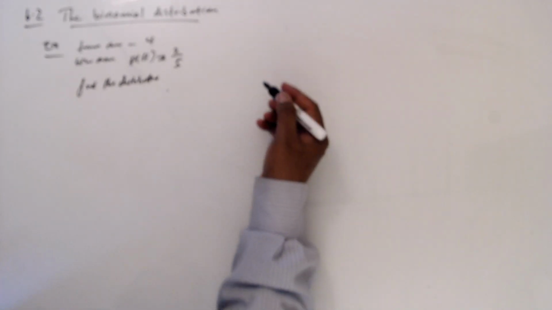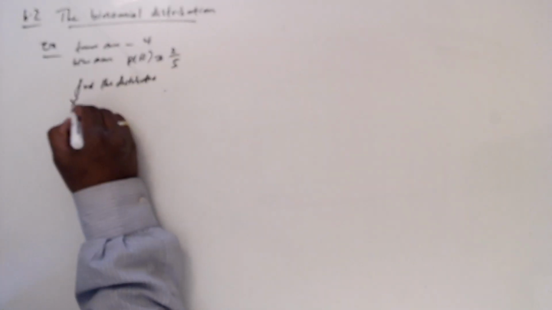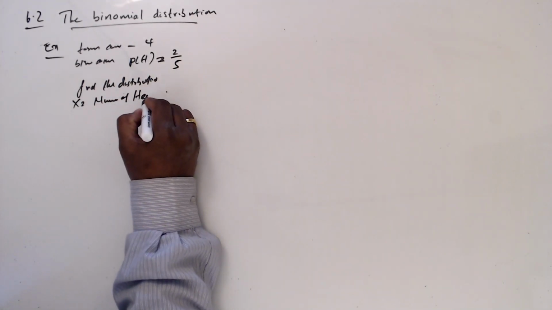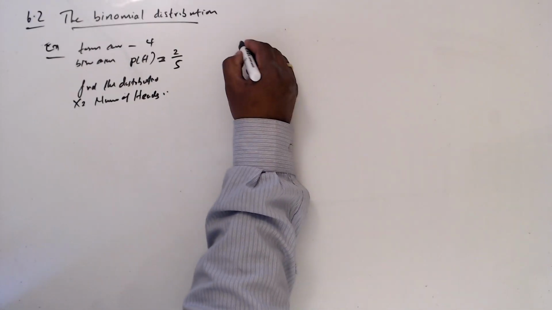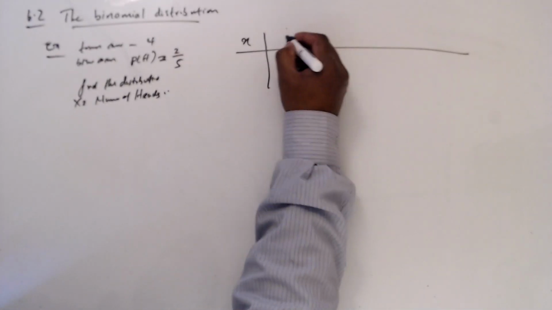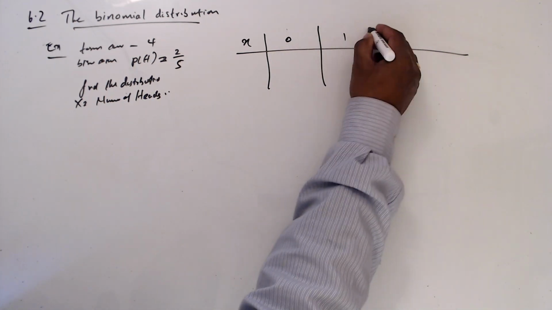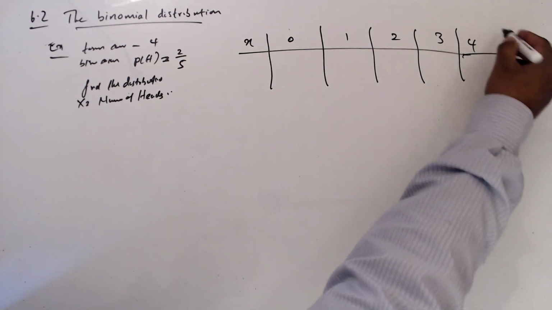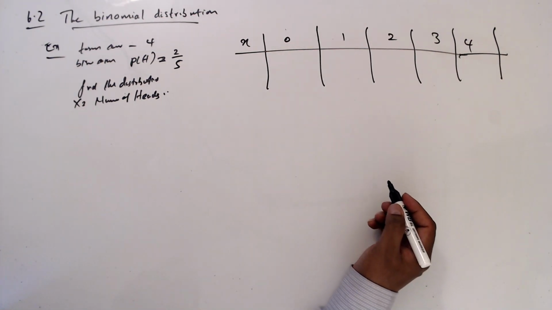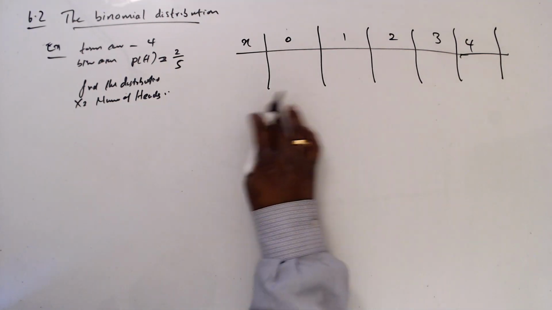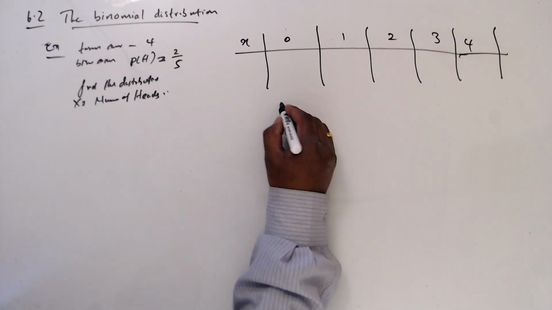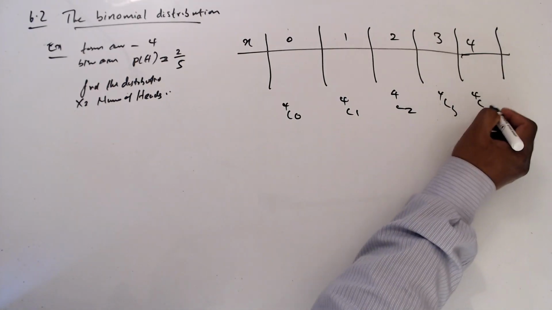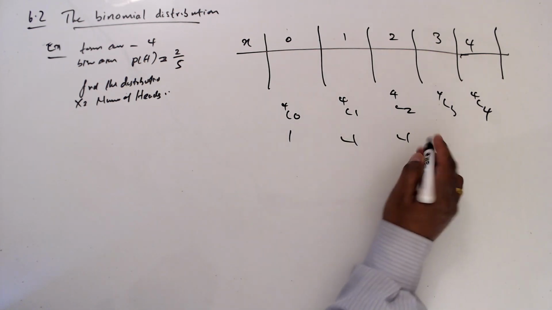When you toss a coin, variable X is the number of heads. So either we can get 0 heads, 1 head, 2 heads, 3 heads, and now 4 heads, because this is 4 spins. Now, first of all, what is the binomial coefficient? So 4C0, 4C1, 4C2, 4C3, 4C4: 1, 4, 6, 4, 1, I think.